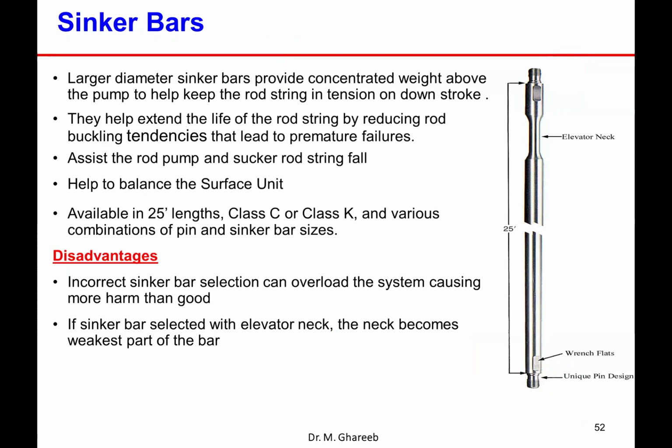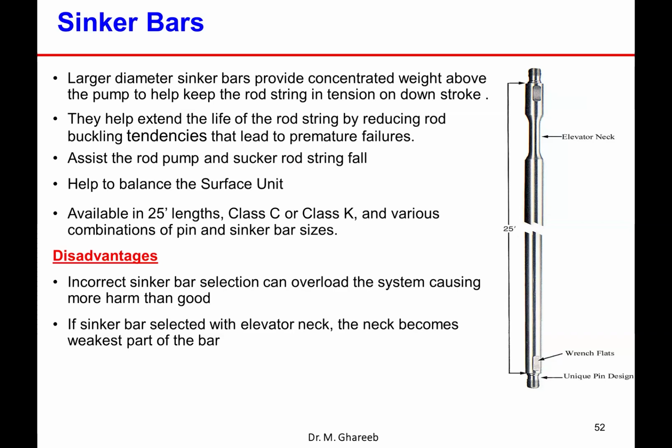In addition to that, sometimes, as the rod string goes up, it is lifting all the fluids and the rod string will be under tension. While we are going down, the rod string is lifting nothing and is pushing the plunger inside the pump, and there is also buoyancy acting against this fluid.